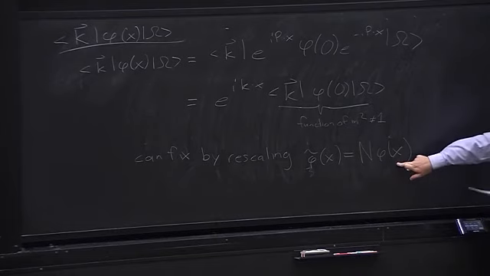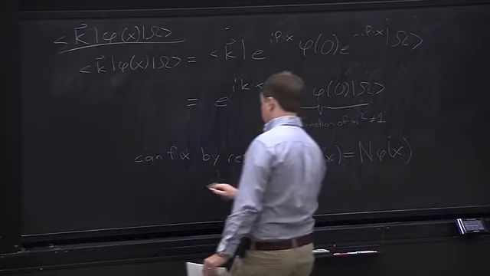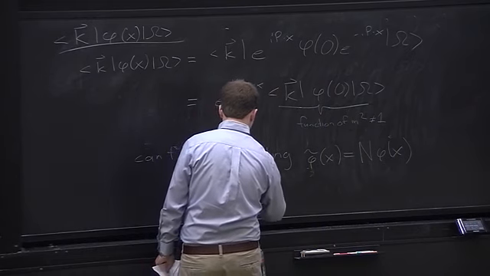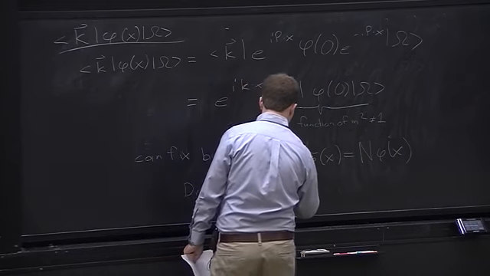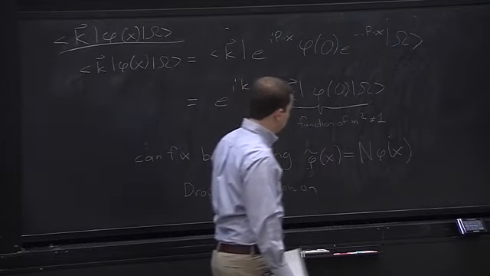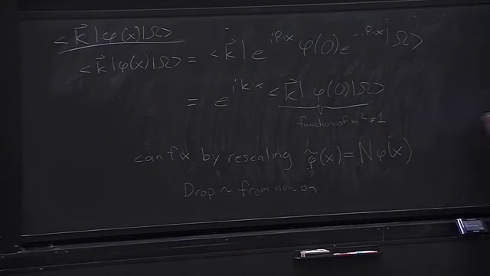So as long as we're willing to rescale our fields, we can make this assumption work. And again, we're going to drop the tilde from that one. So we can make our first two assumptions work as long as we're willing to shift and rescale our fields.